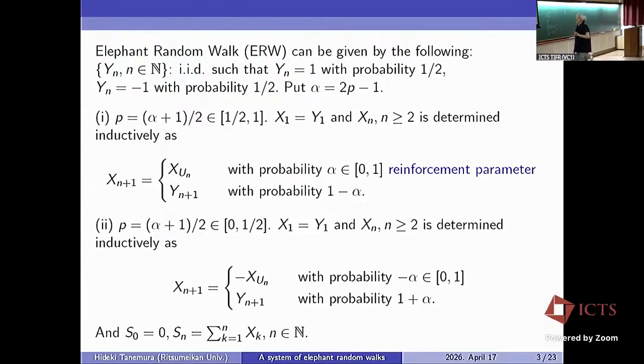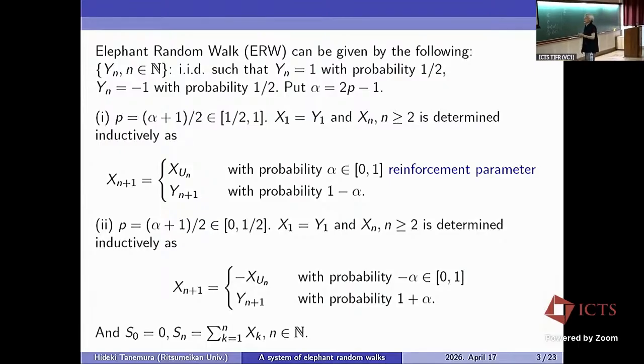Consider the process with p equals (alpha plus 1) over 2, between half and 1, and X1 equals Y1. Xn is defined like that: with probability alpha, X_{n+1} equals X_{Un}, and with probability 1 minus alpha, Y_{n+1}. This is the reinforced random walk.